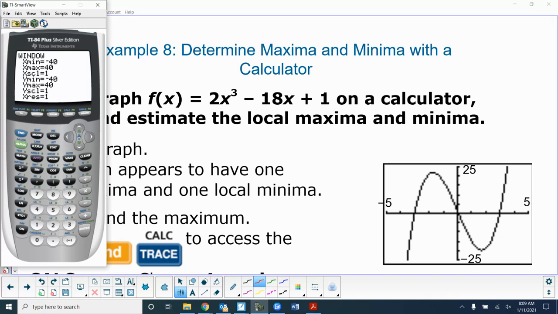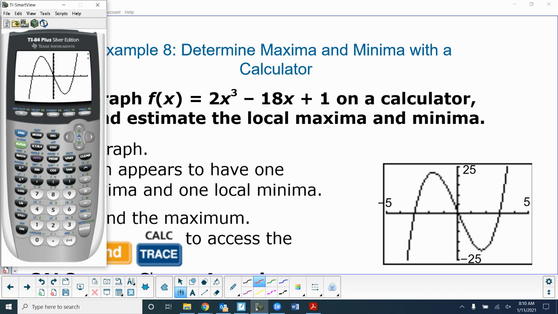So the x min in this picture is -5, and the x max is 5, and just going by ones, and then they're going from -25 to +25, and going by ones, I believe, and then you hit graph.